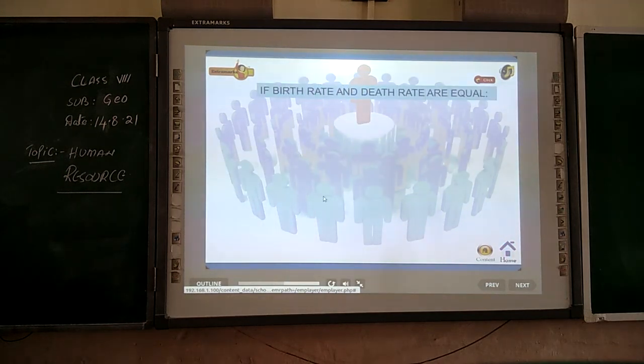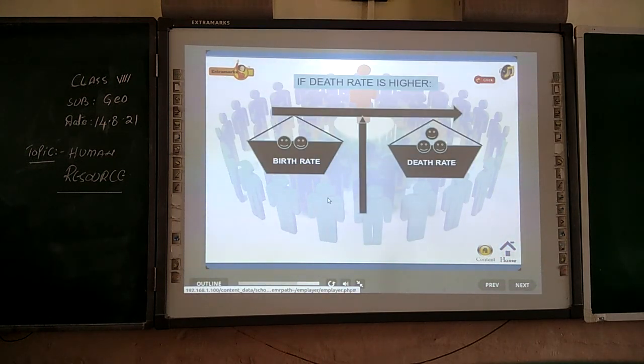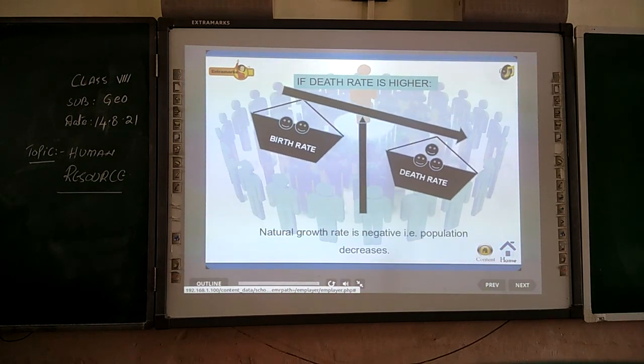If birth rate and death rate are equal, the population remains steady. If death rate is higher, natural growth rate is negative. That is, population decreases.